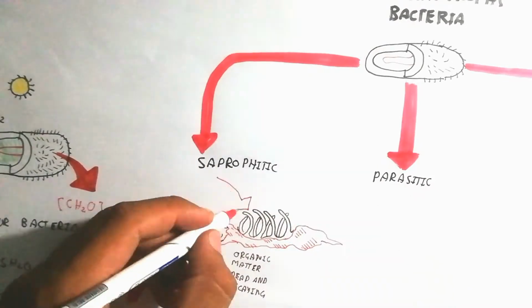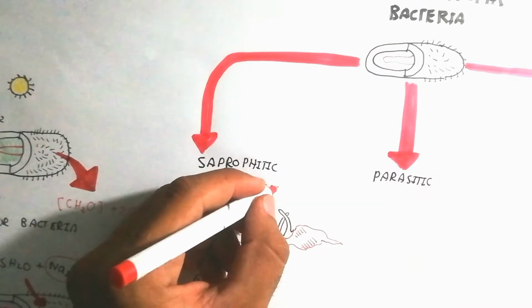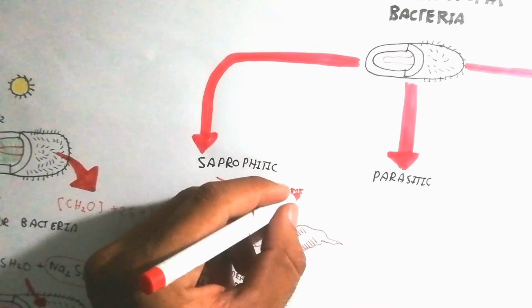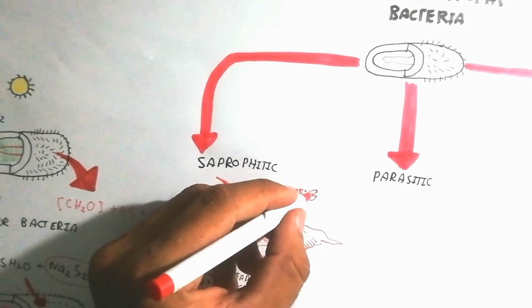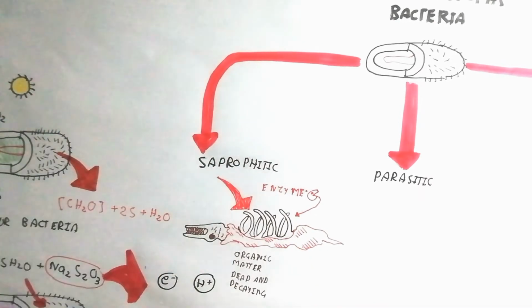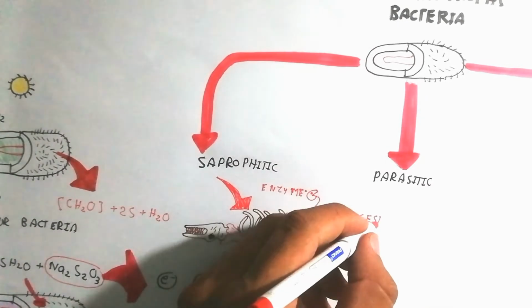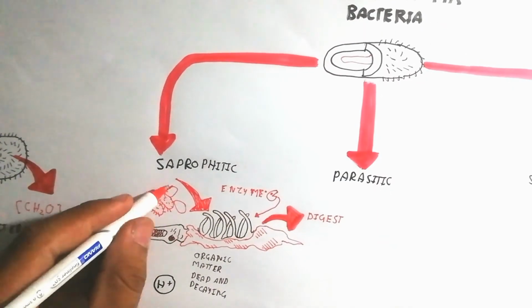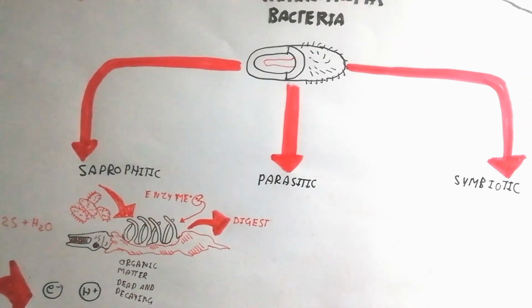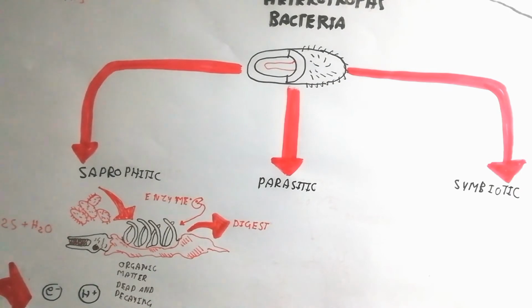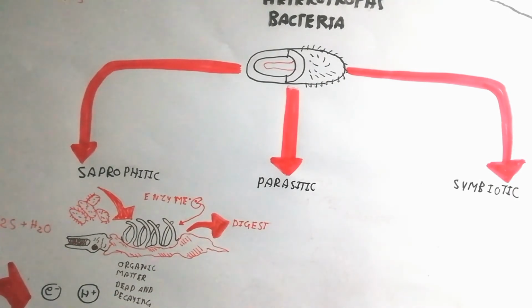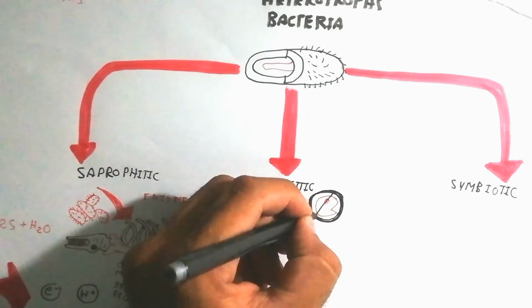Here are the saprophytic bacteria, which are present in dead and decaying organic matter. They have enzymes that decompose the organic matter after the death of an animal, digesting it and using it as energy. These bacteria are known as saprophytes or saprobes.